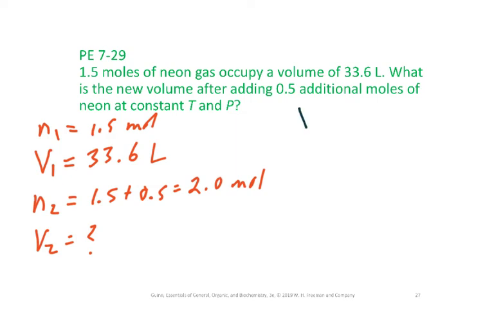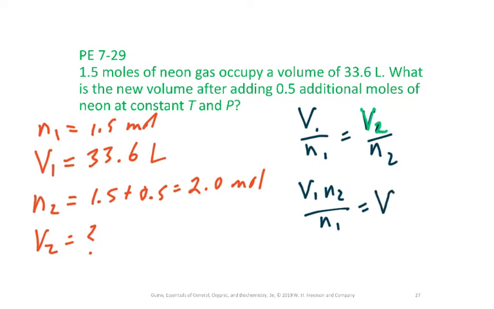All right, so we go to our equation. Going to solve for V2. We can do that by multiplying by N2. And plugging in. So the initial volume is 33.6 liters.